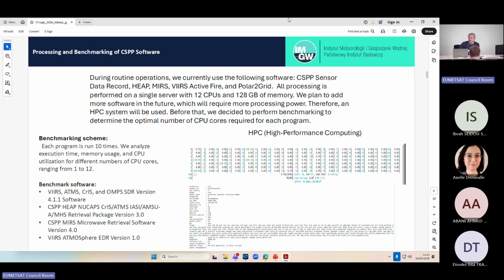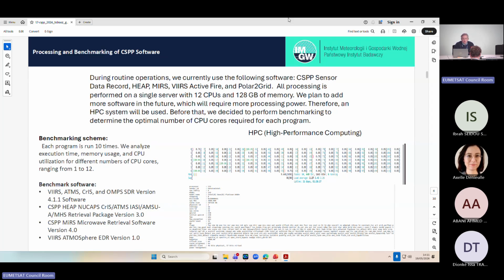During routine operation, we currently run the following software. We have CSPP sensor data record, HIP, MiRS, VIIRS active fire, and polar2grid sometimes. All processing is performed on a single server with 12 CPUs and 128 GB of memory.